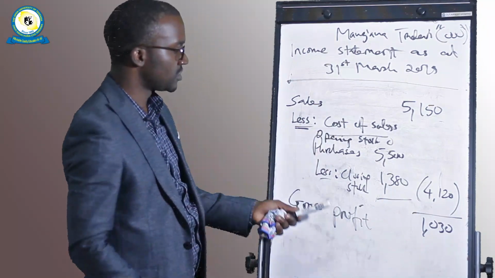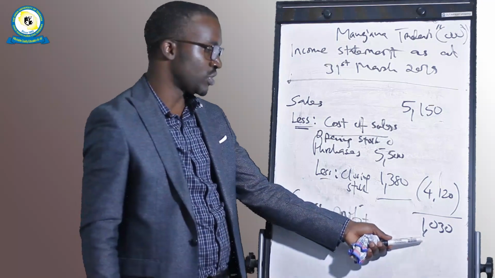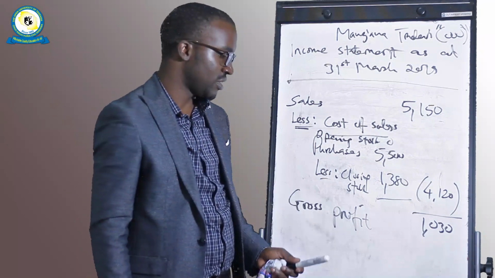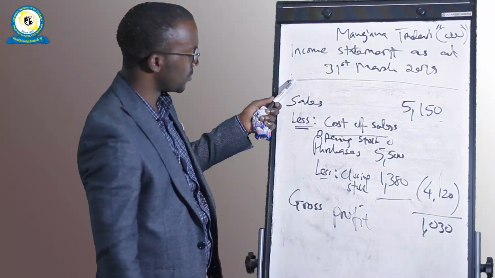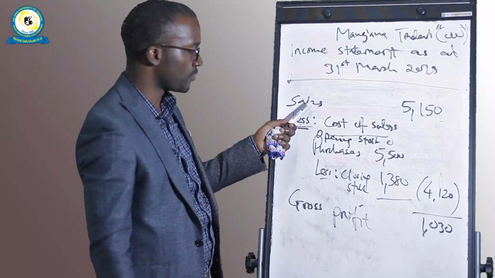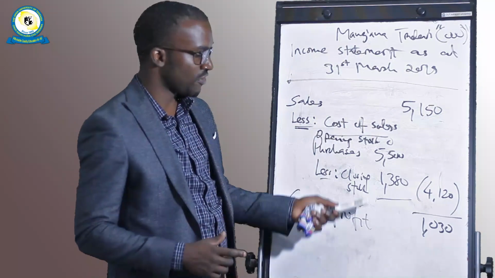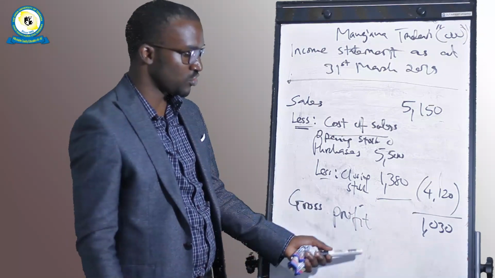So if you take your sales, you minus cost of sales or cost of goods sold, you are going to get 1,030. That is your gross profit.